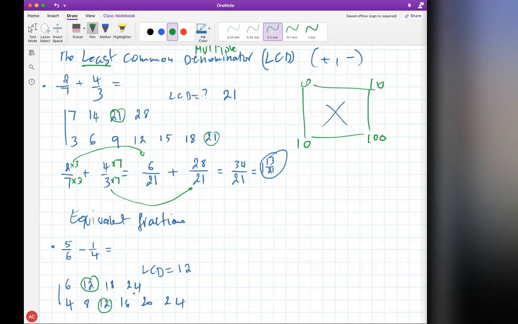That's the least one. 24 comes after. 24 is also a common denominator, but it's not the least. There's only one least, the first one. That's the one you want to use because that would save you time and a lot of trouble. So you want to go with the least one so you can do the math faster. Sometimes the LCD could be small, and if you multiply the two numbers, it gives you a large number, 100 or 200.